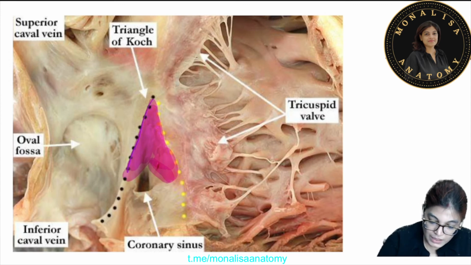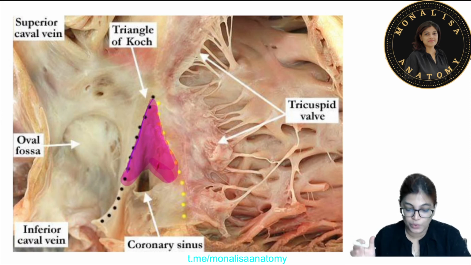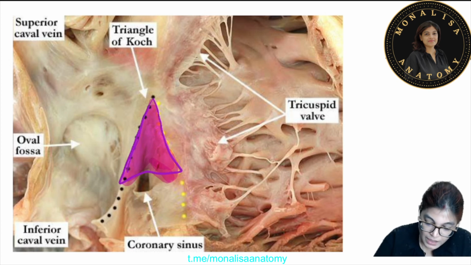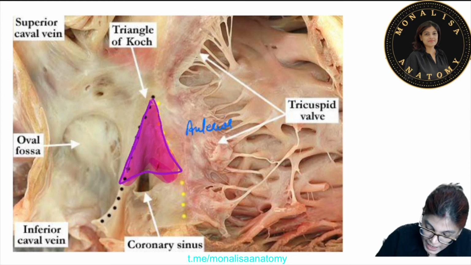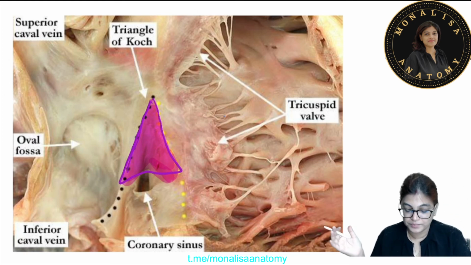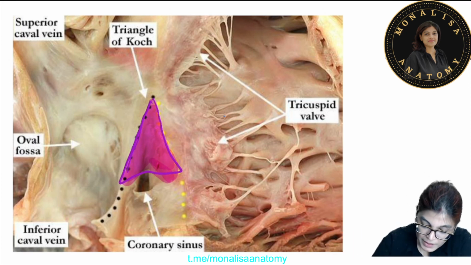It is important because it contains an important structure, that is the AV node. Now we have seen this, let us look at the boundaries. It is bounded anteriorly by, let me show you, I will write on the other paper. See here, this is the tricuspid valve as shown in the diagram.